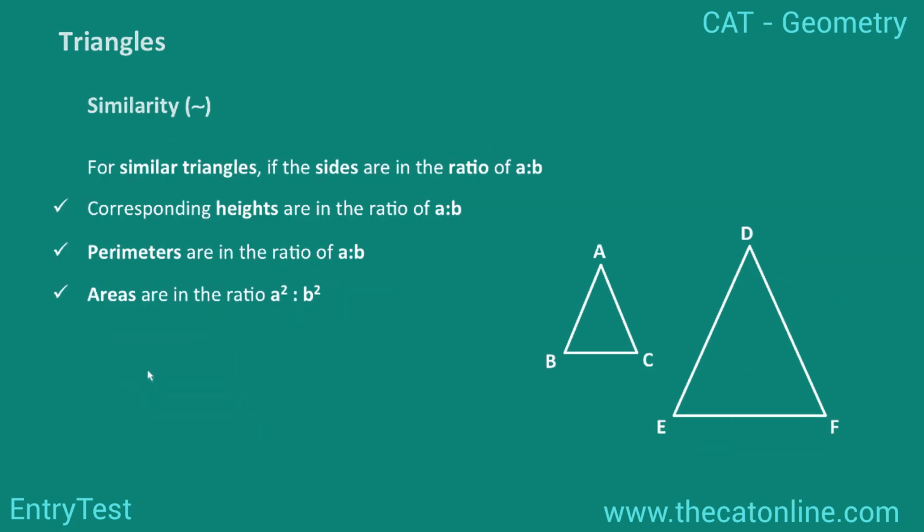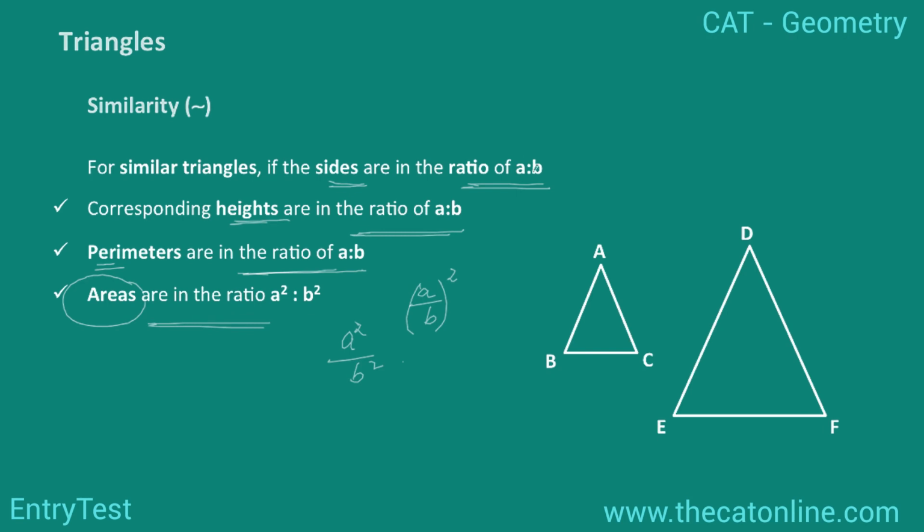Now in case of similarity, if the sides are in the ratio A is to B, their heights will also be in the ratio A is to B. Their perimeters will also be in the ratio A is to B, but their areas will be in the ratio A over B whole square, the square of the scale factor, or I will write it as A square over B square.